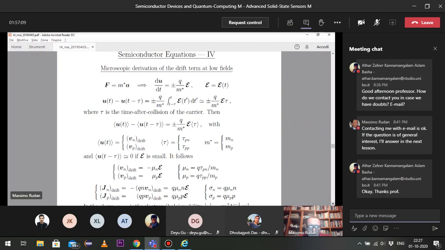What is the fundamental issue? The fundamental issue is that the statistical average of u of t minus tau is negligible if the electric field is small. And the reason is that the collisions are essentially randomizing the motion of the particles.